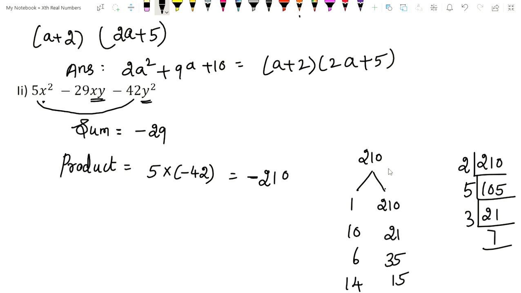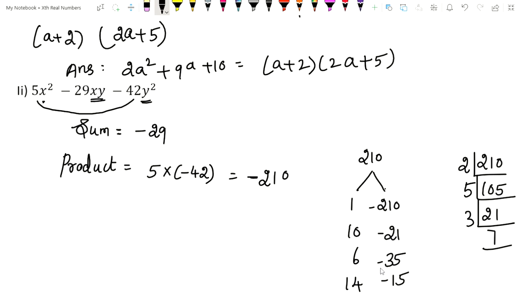Here sum is negative, product also negative. So in this case bigger number, negative sign you want to give. After that just you add it, you want to get minus 29. See here, minus 210 plus 1, what you will get, children? Minus 209. Minus 21 plus 10, minus 11.